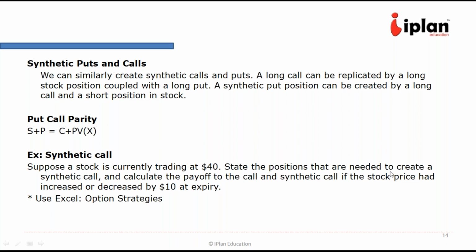State the positions that are needed to create a synthetic call and calculate the payoff to the call and the synthetic call if the stock price had increased or decreased by $10 at expiry. So we have already done it with these stocks, using options. We have already taken this example there.